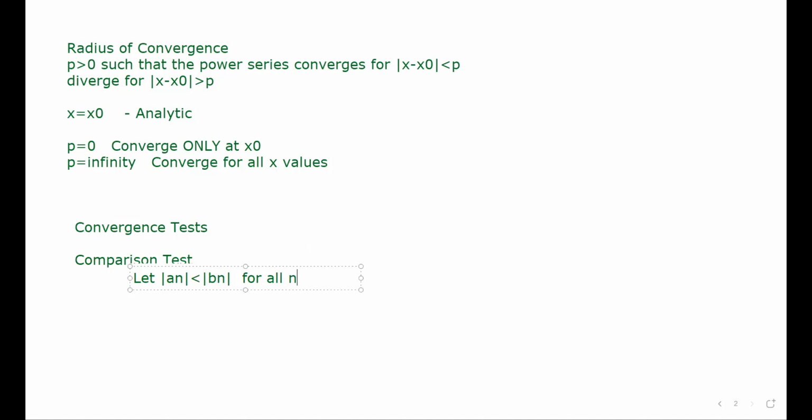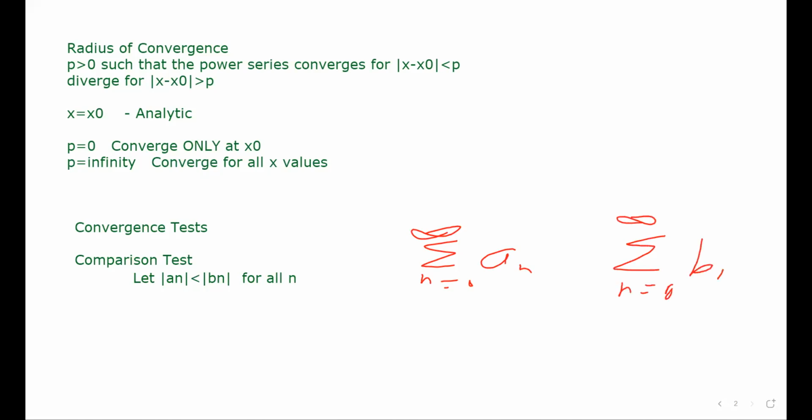So we have two different series: the summation from n equals 0 to infinity of a sub n, and the summation from n equals 0 to infinity of b sub n. And now if we know something about one of them, we might be able to tell something about the other one.